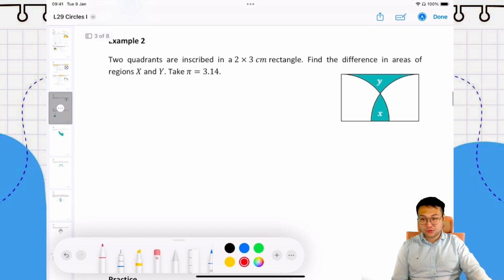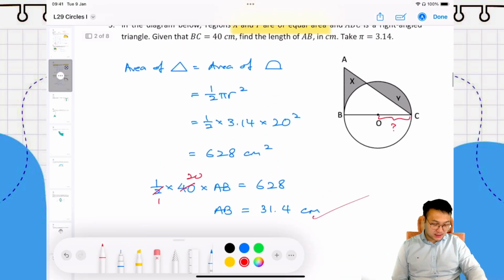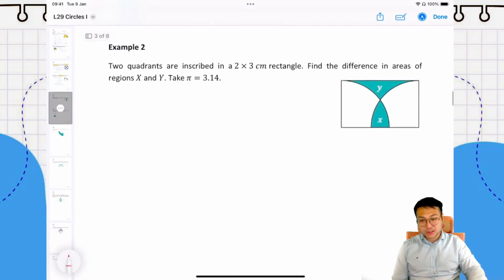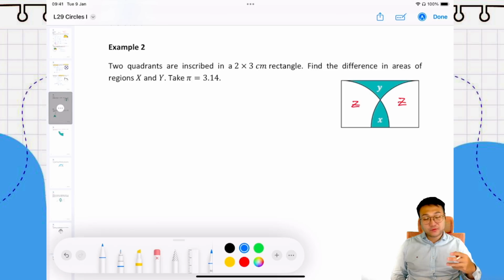Example 2. Remember just now how I used the letter Z here? We can also use the letter Z, because there are certain areas that are not labeled. If we label them, then it's easier to refer to them.